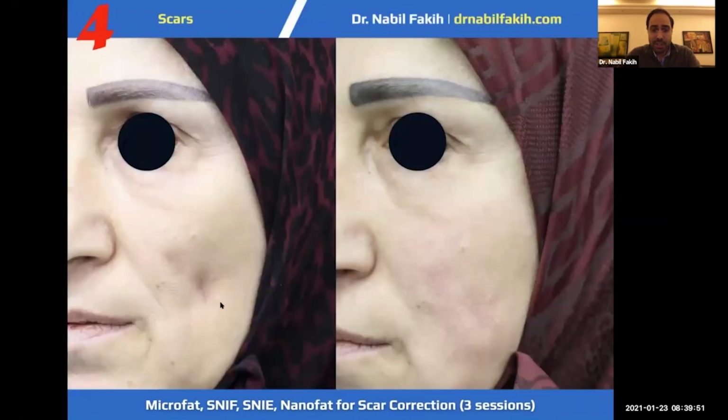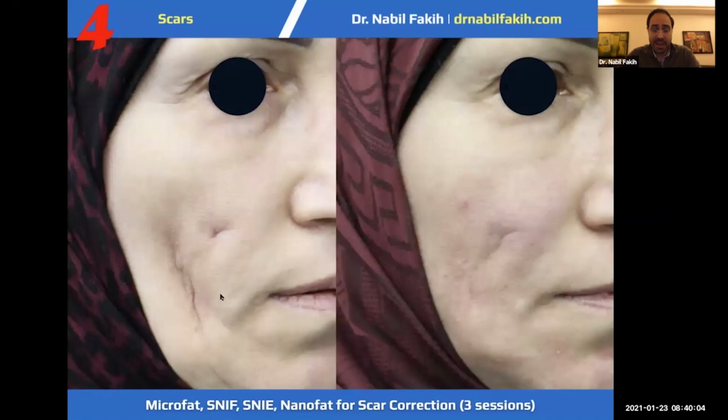This is a patient who came with a silicone infection, and after the infection, I did 3 sessions for her of Microfat, SNIF, SNIE, and NanoFat, and the infection got an abscess. This is from the other side. She had a huge, dramatic hole. You can't exactly see the difference; in person it is much more dramatic.